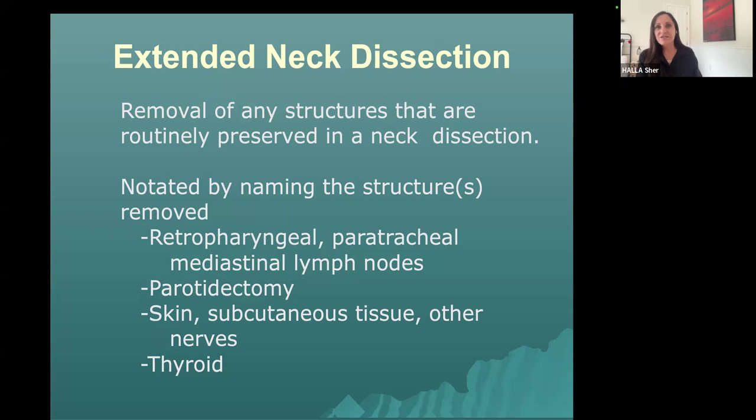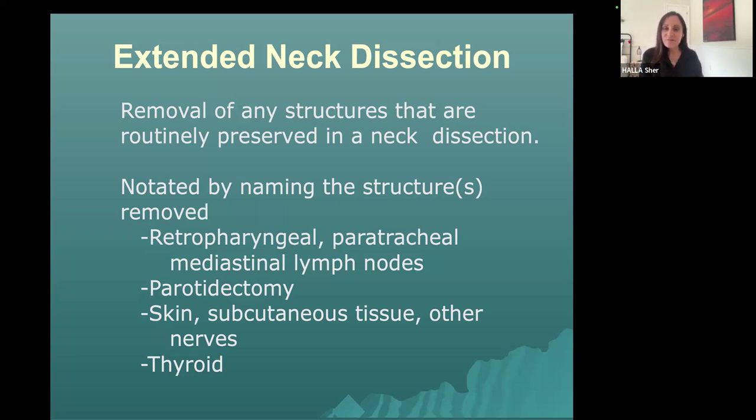Extended means that you have removed something extra, whether that's retropharyngeal lymph nodes, paratracheal lymph nodes, mediastinal, sometimes for aggressive, advanced cutaneous malignancies of the midface, or advanced parotid malignancies.